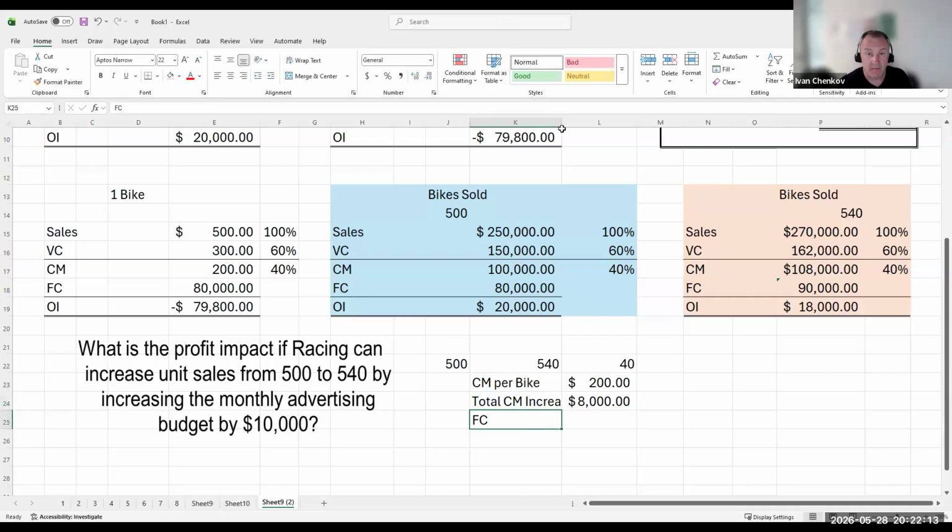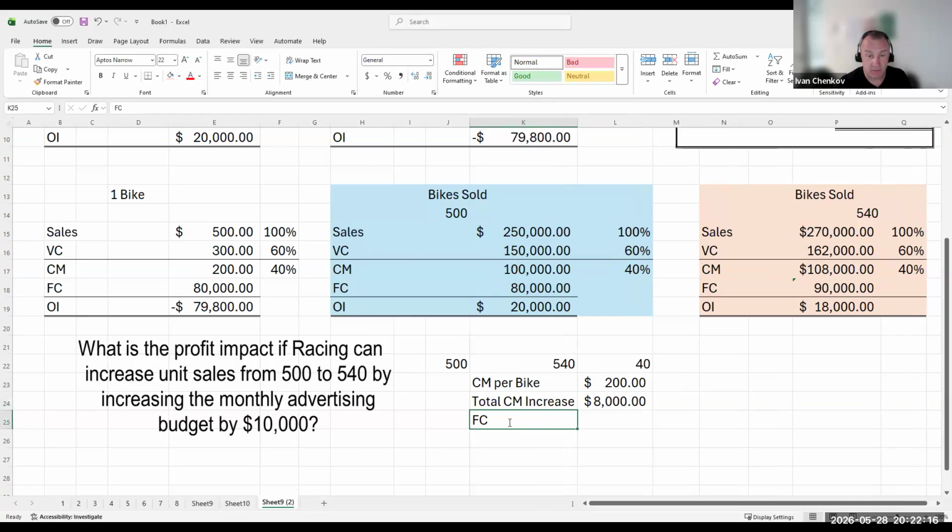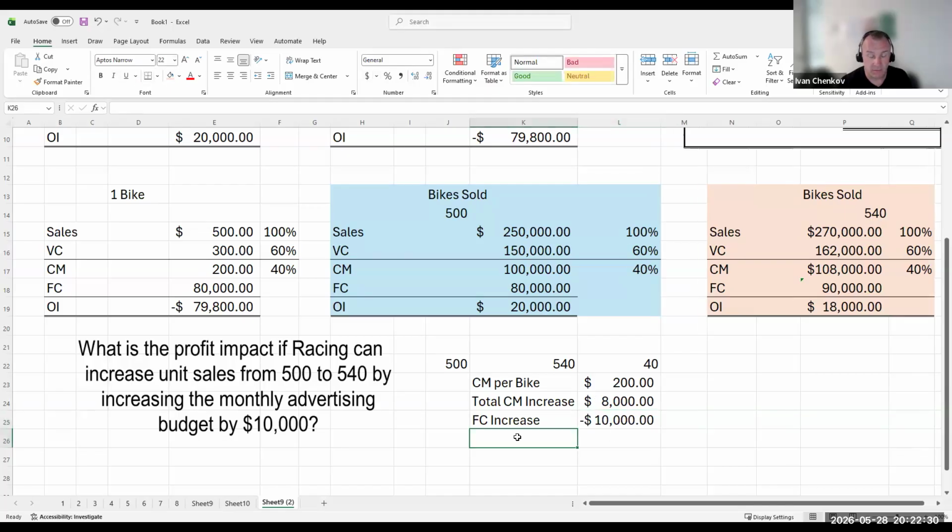But now I have an increase in my fixed cost, which is $10,000, negative $10,000. So what's going to happen with my operating income? Obviously, the result will not be preferable. Or in other words, you're going to lose $2,000. That will be the shortcut approach.